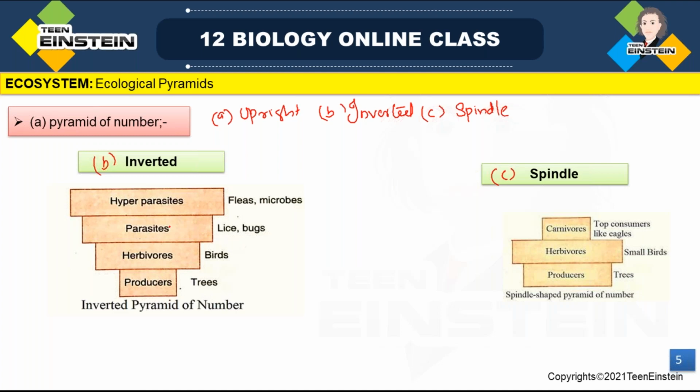Upright means the producers at the bottom will be more in number, and when going to the top level, the number of individuals will be less. So it will be an upright type.